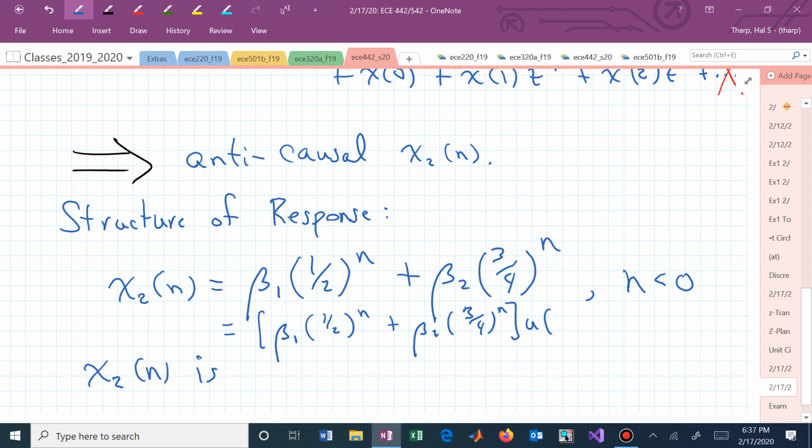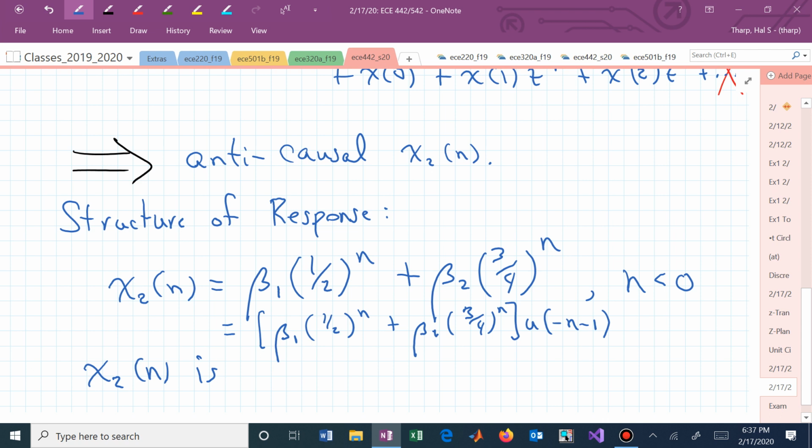It's minus n minus 1. Now when n is equal to 0, that argument is negative, so my switch is off. But when n is minus 1 and less, it's a positive argument, the switch is on.